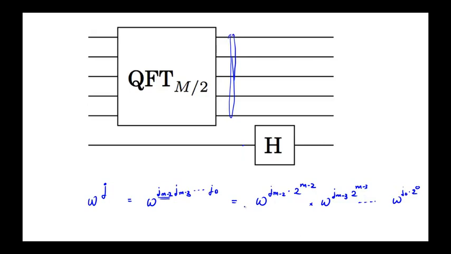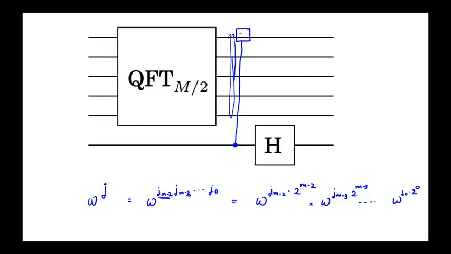But now you see what this says is you want to apply a conditional phase gate, where if this happens to be a 1, and if this happens to be a 1, then you apply a phase of omega.